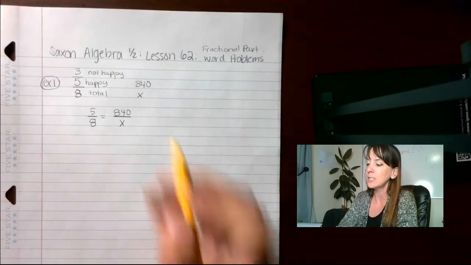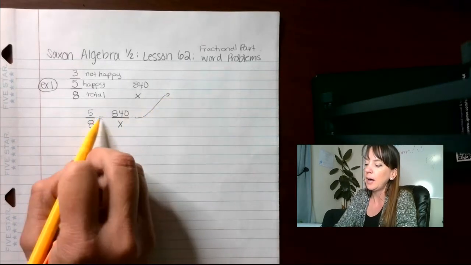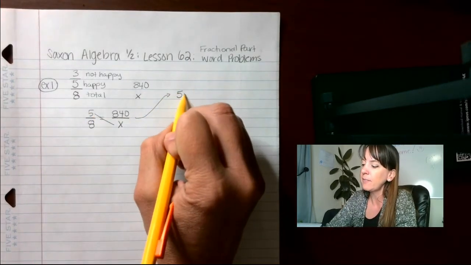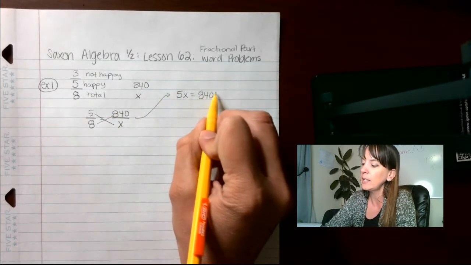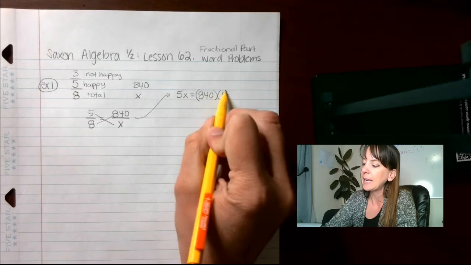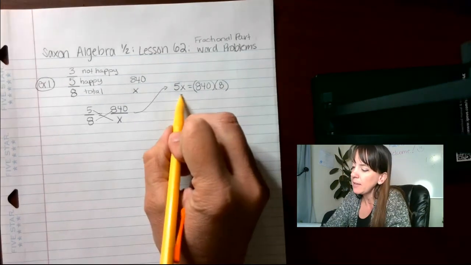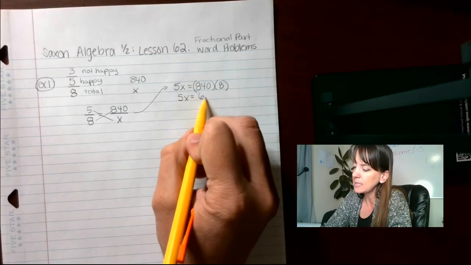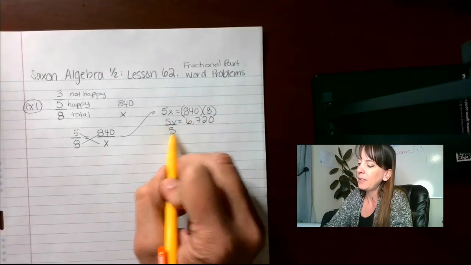Now, when we have it like this, we can cross multiply. So we end up with this times this, which gives me 5x equals this times this, 840 times 8. So 5x equals 6,720.